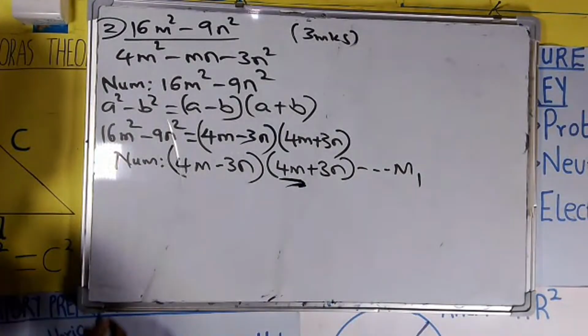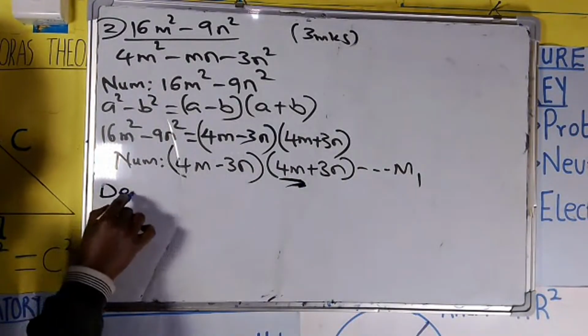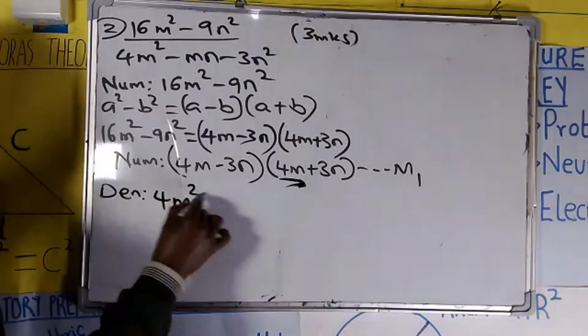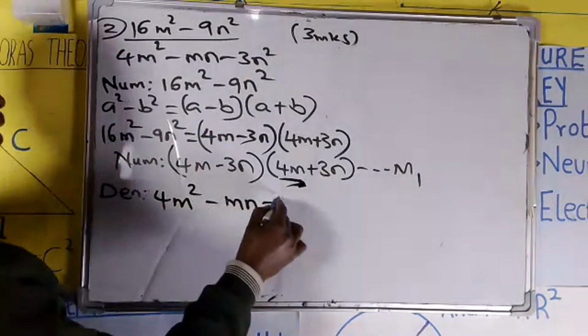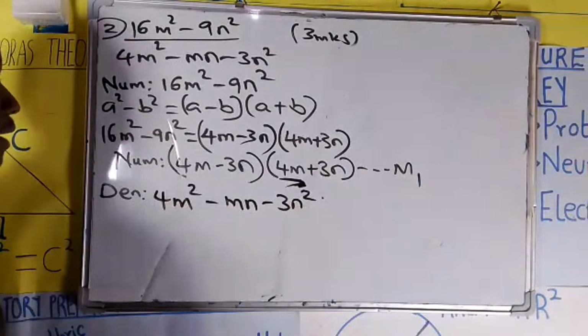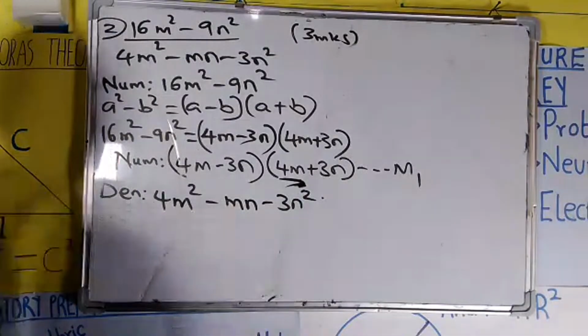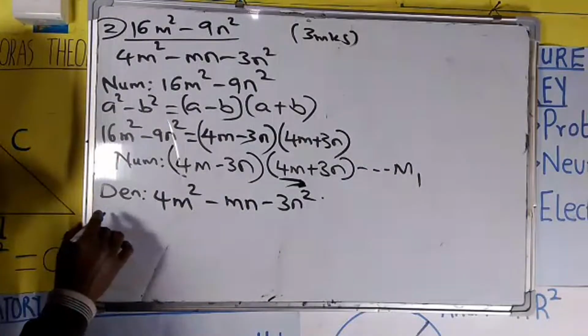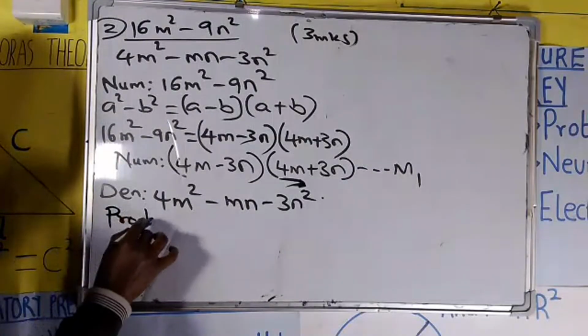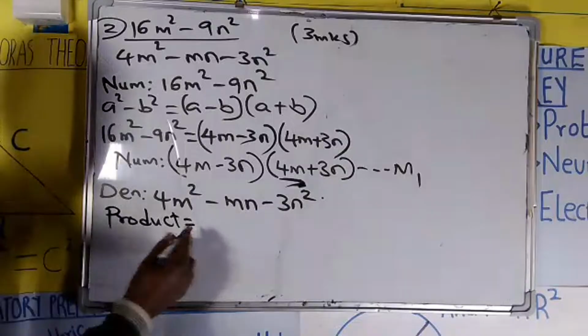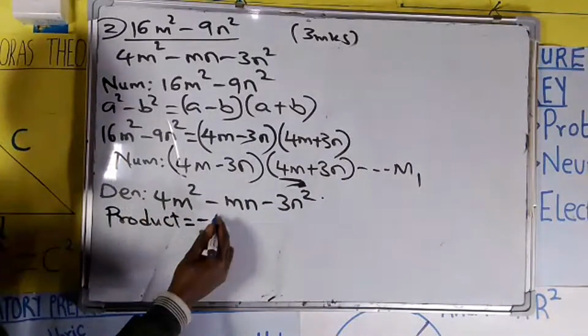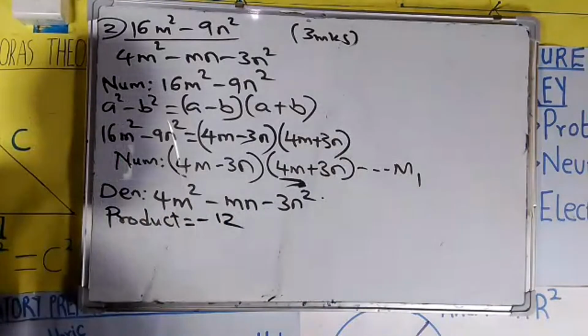Let us now proceed to the denominator. Denominator, we have 4m squared minus mn minus 3n squared. So once we have this, we are going to find the product, and the product in this case will be equal to 4 times negative 3. It will be equal to negative 12.